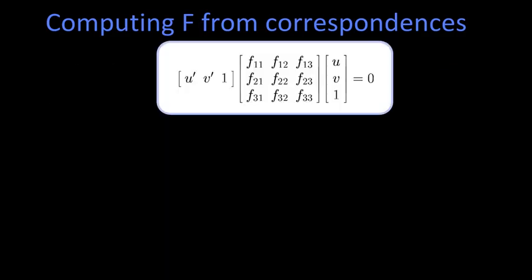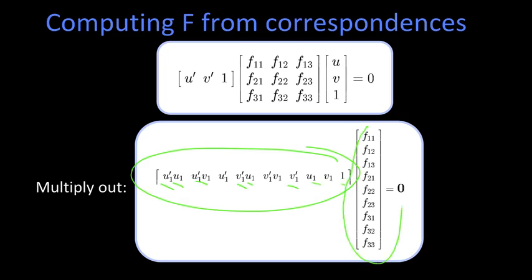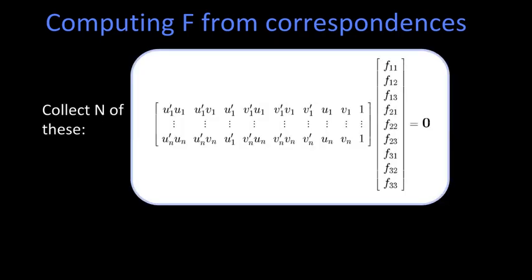I copy it here, and I can multiply this whole thing out, and I still have one equation per point. On the left-hand side, these are my knowns: the u primes and the u's, or the v prime and the u, or just individual terms, etc. And here are my unknowns: the elements of the F matrix. So one point, one equation.